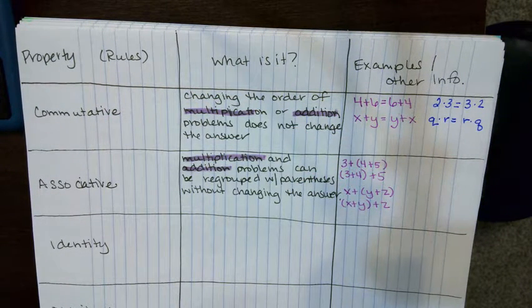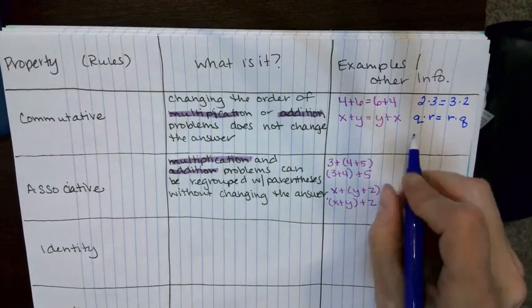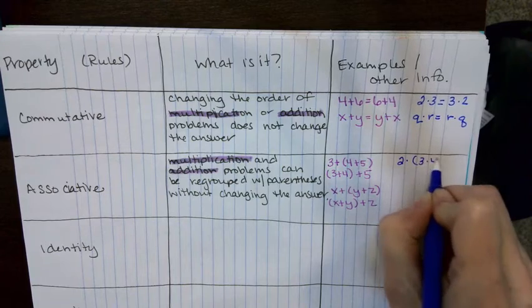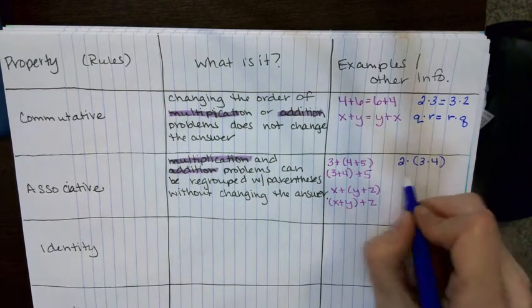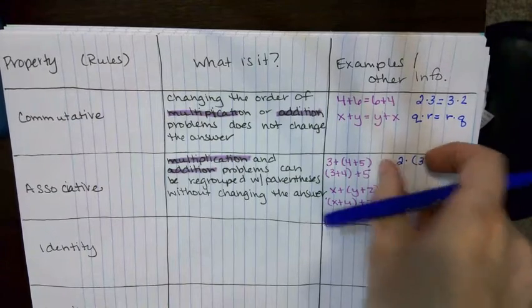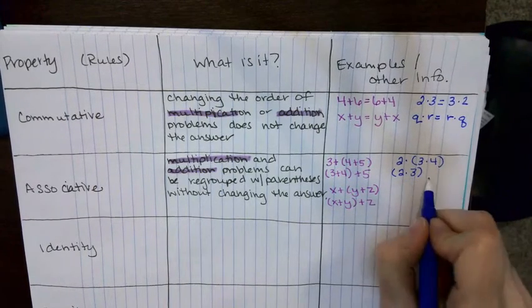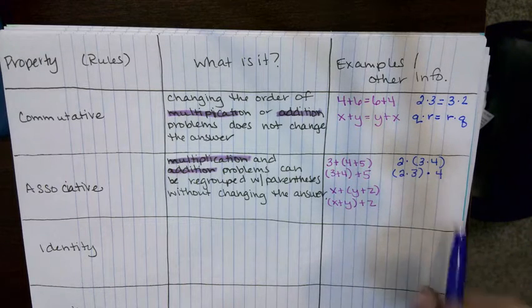I can also do this with multiplication. I can do 2 times the quantity 3 times 4, so 2 times 12. Or I can take my parentheses and shift them over and do 2 times 3 first and then multiply by 4. Do you see how I just shifted my parentheses over?